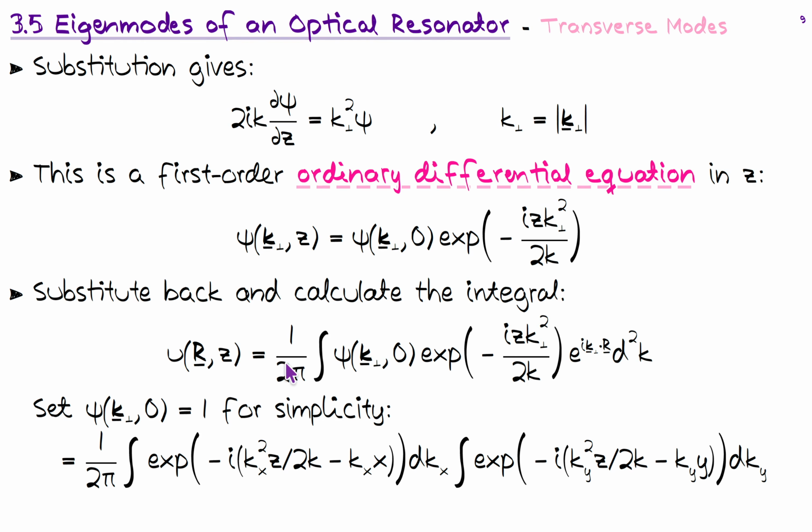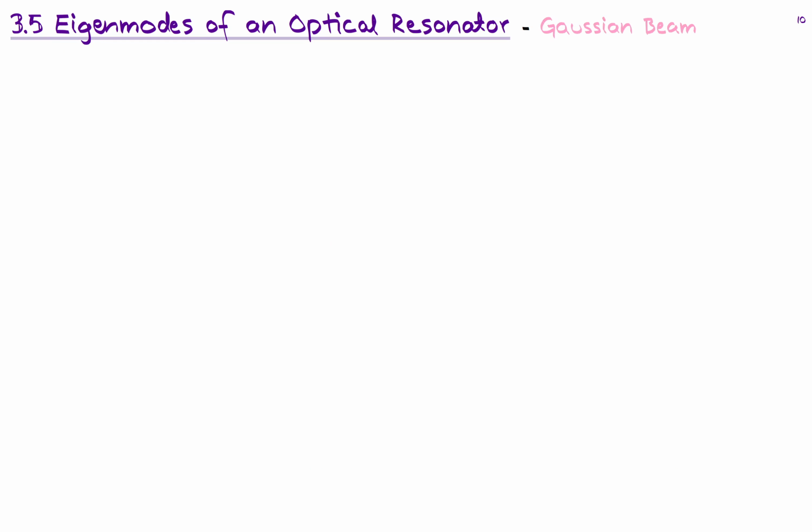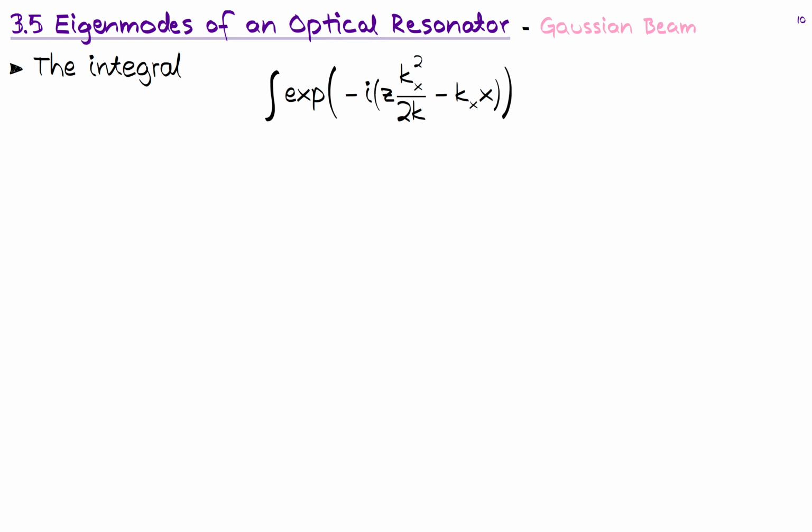This looks like a Gaussian integral, and it can almost be readily integrated using known values of Gaussian integrals. So now we are almost there in terms of our derivation. We are dealing with this integral and the same integral for the y-coordinate, but it's of the same functional form, so we don't need to consider that right now.